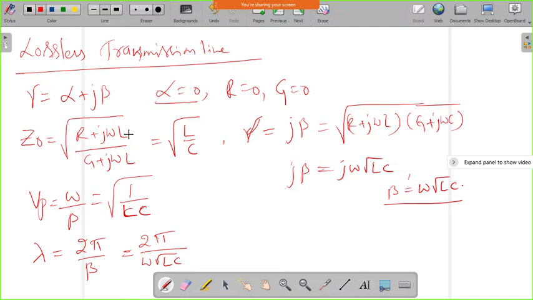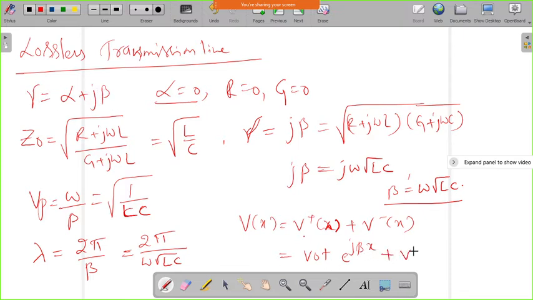Now we can see what happens to the voltage and current equations. We know the equations: V of x is V plus of x plus V minus of x, that is the incident voltage and the reflected voltage, and we can write it in terms of V naught plus into e power j beta x. Since alpha is 0, gamma will become j beta.